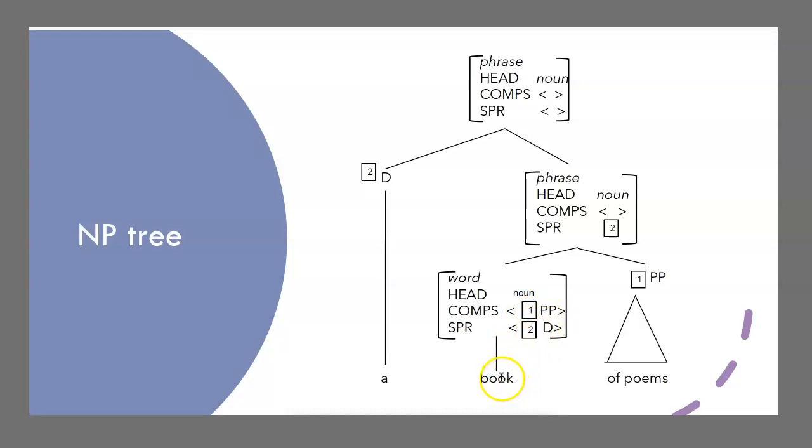So hit has one complement, one specifier, and the head value is verb. Now, when this head daughter combines with a noun phrase here, not a PP, then the comps value becomes null. The specifier value, which is an NP, remains.